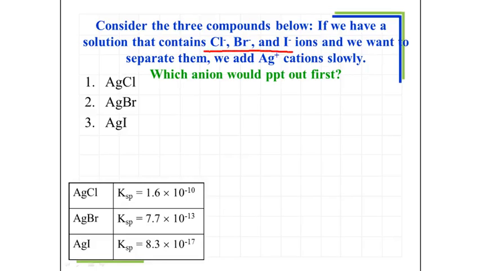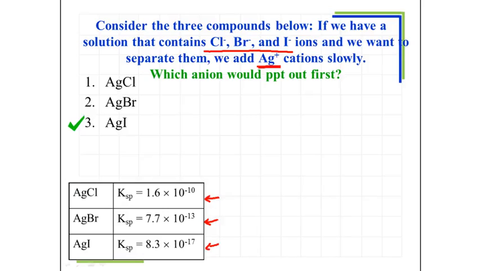Now, of course, there's going to also be some kind of cation in there. But maybe it's sodium chloride, sodium bromide, and sodium iodide that I've dissolved into a solution. And in this solution, I'm going to start adding silver ions, slowly, drip by drip. And the question is, if I compare the KSP values that I have given down here, which one of those three ions would precipitate first?